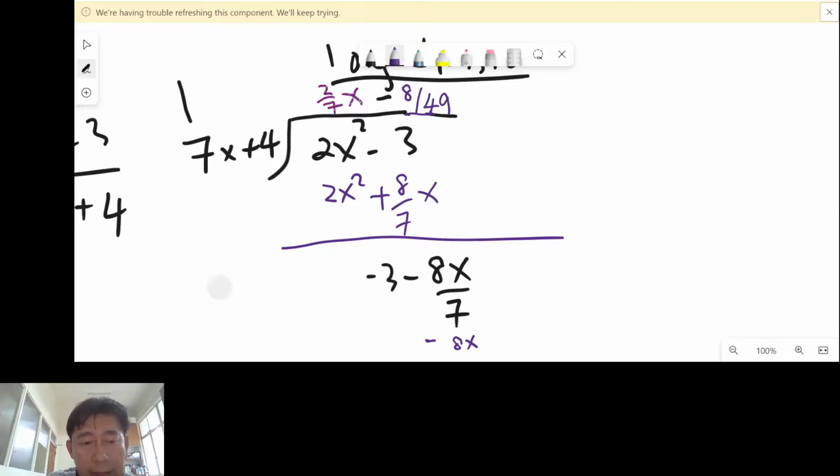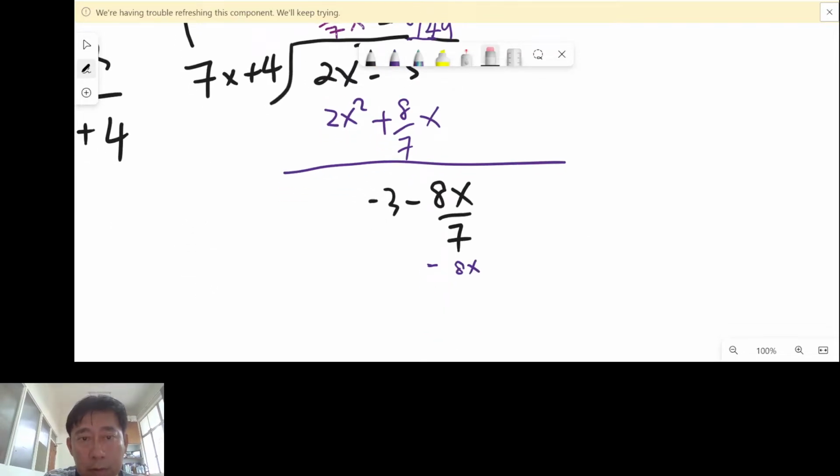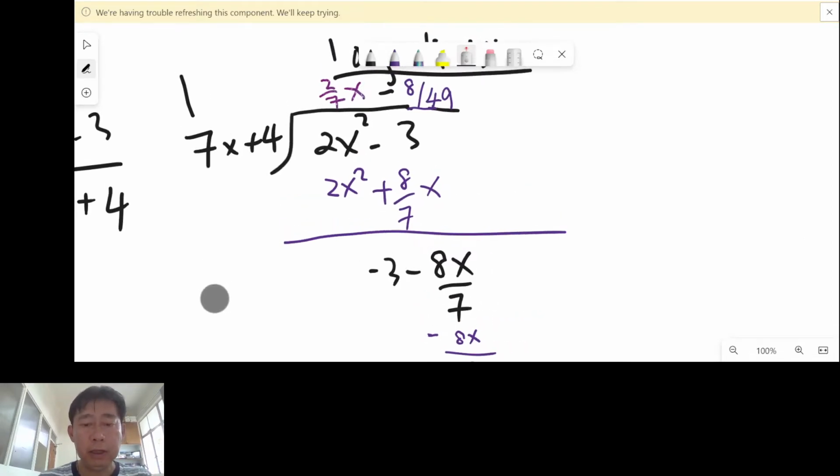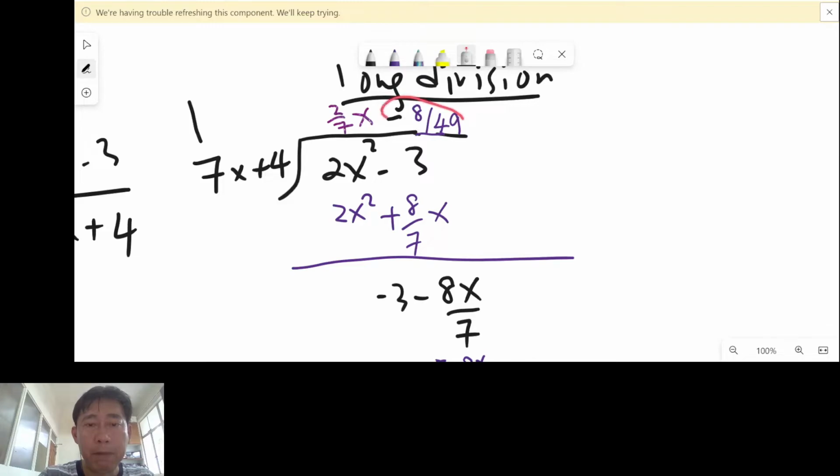Okay, hopefully, I think that should be the correct number. So this number of minus 8x over 7 is obtained from minus 8 over 49 with 7x.